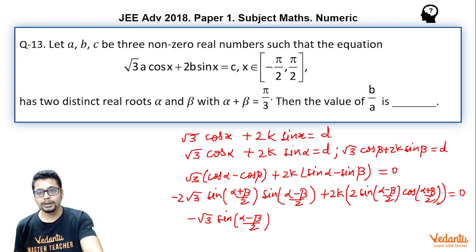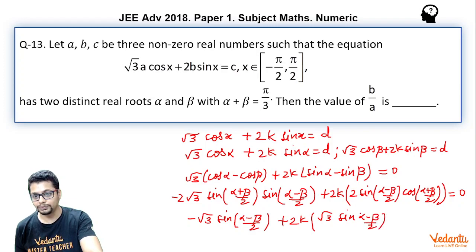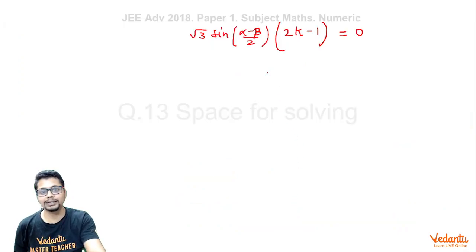And cos pi by 6 is root 3 by 2, so I get plus 2k multiplied by root 3, because 2 times cos pi by 6 would become root 3, times sin of (alpha minus beta) by 2 equal to 0. Now clearly we can take root 3 sin of (alpha minus beta) by 2 common, and the other factor would be 2k minus 1. So essentially I get the equation root 3 sin of (alpha minus beta) by 2 times (2k minus 1) equal to 0.